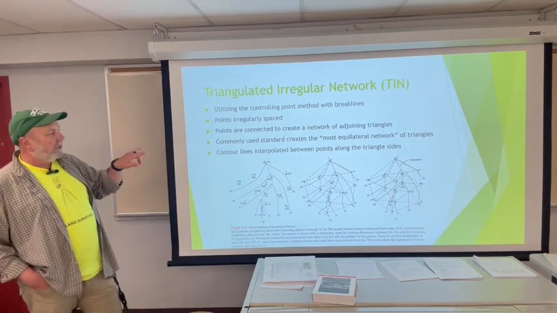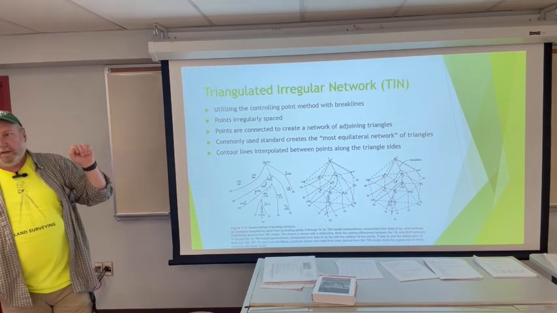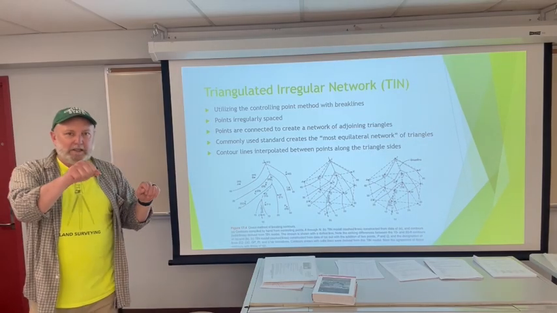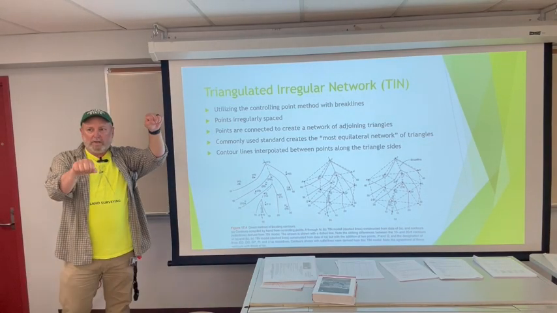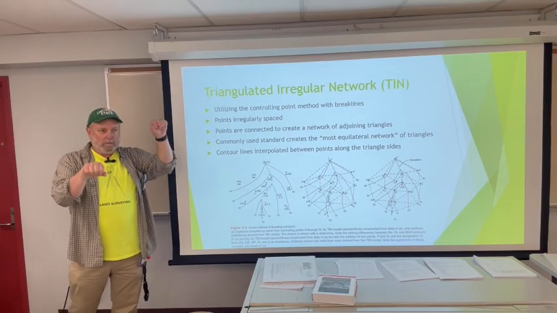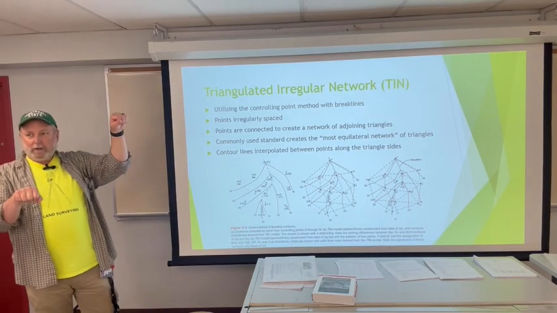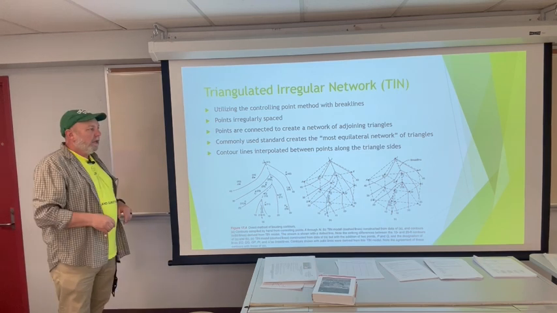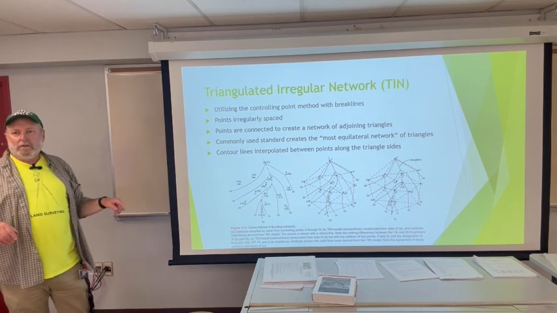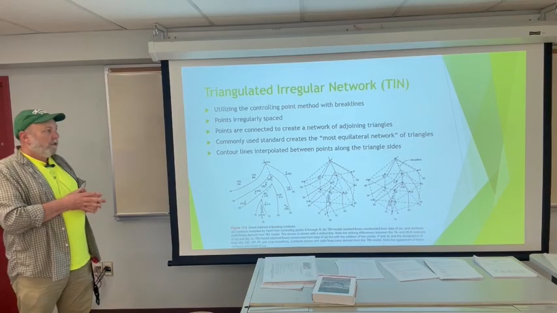You're going to interpolate between the points along the triangle sides. So you're going to look at the elevation of this point and the elevation at this point and say, do I have any contours that fall in between there? We'll do the math and find out where they fall exactly along that triangle line, and then start connecting the dots to make our contours. That's what CAD's doing for you. It is way cool.